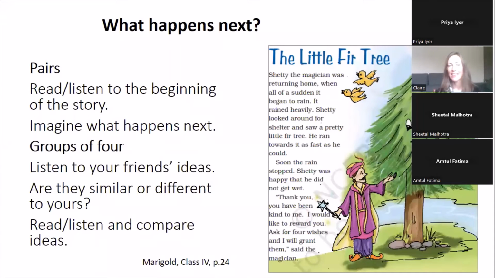More speaking. And then finally, they can read the story, or you could read it aloud, and they compare their ideas and see if they were right. And I think I'm going to let you find out for yourselves by looking in the book. But you've got some lovely, lovely ideas, and I think children would also come up with some really imaginative ones. There you go.